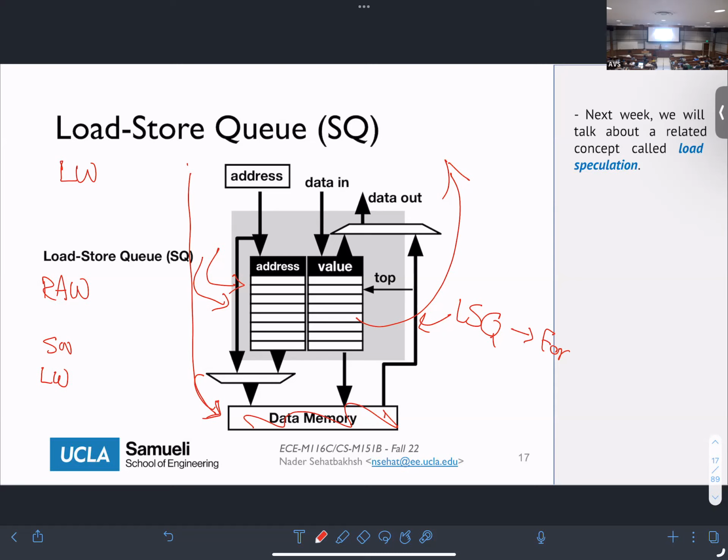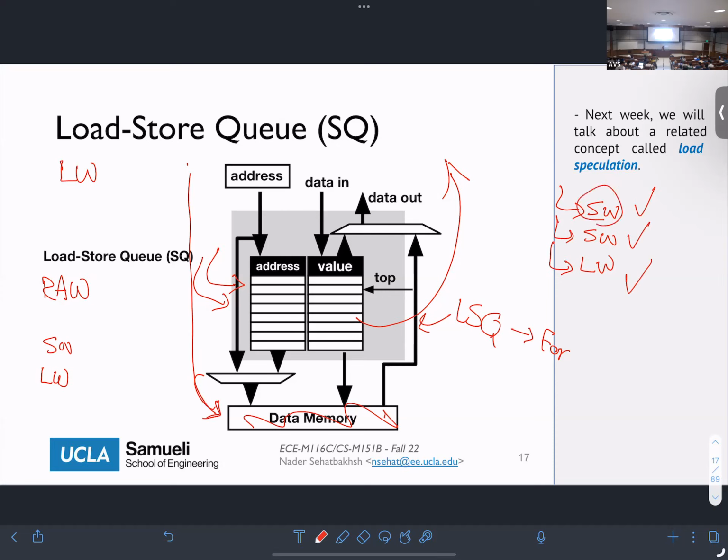So let's see what's the question. So multiple stores and a load. So we have store, store, and load like this. Okay. So we're going to put this into our LSQ, and put this also in the LSQ. And they won't be executed until first this one retires, then this one retires, and then this one retires.